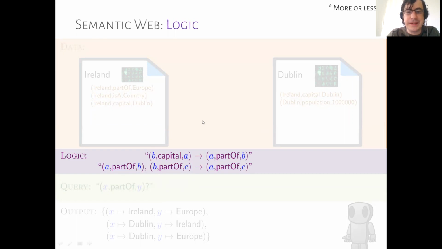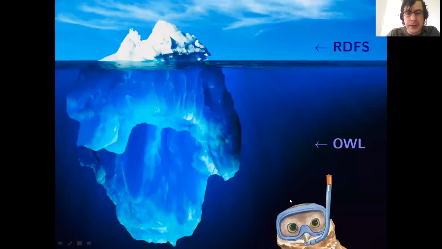For example, if Ireland is part of Europe and Ireland's capital is Dublin, then Dublin is part of Europe. So we're going to continue to talk about OWL and in particular how it's defined.